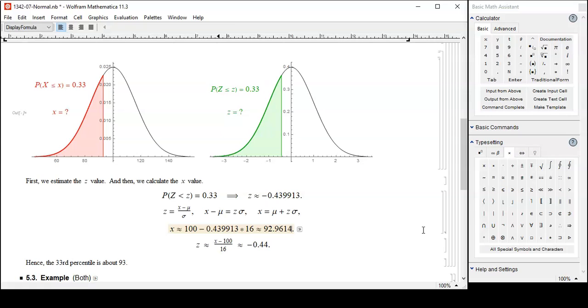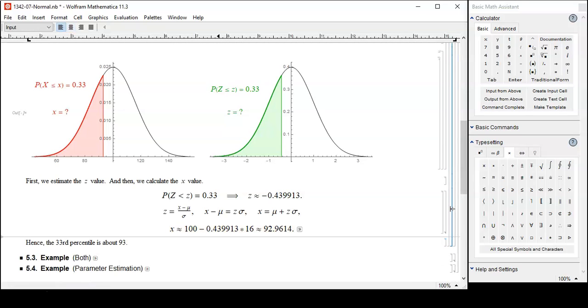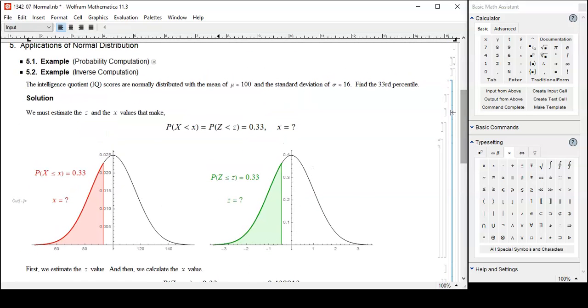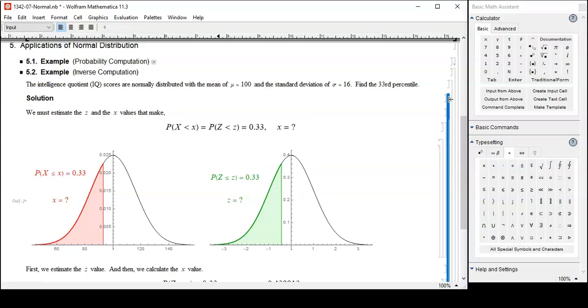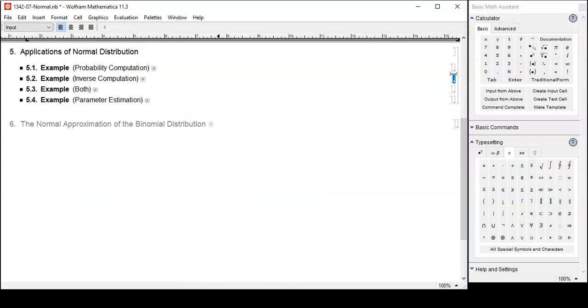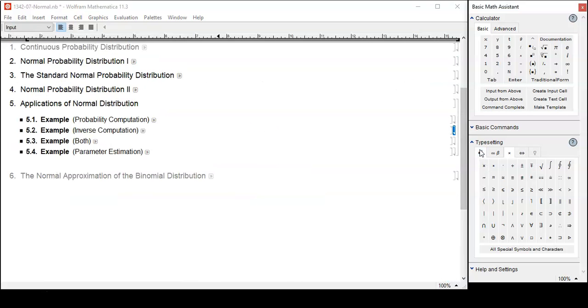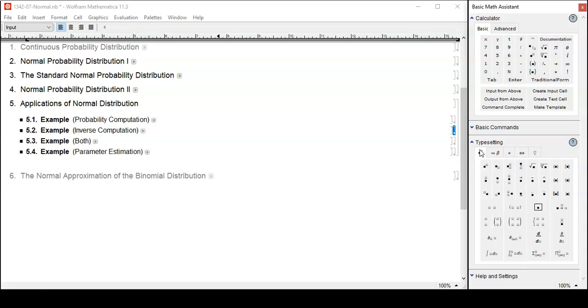You're going to get about 92.96, about 93. Okay, we went through a couple of problems like these, forward direction and backward direction, utilizing both the z-score and also the z-table.